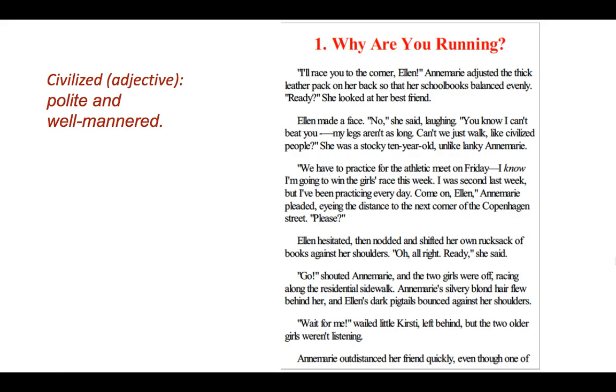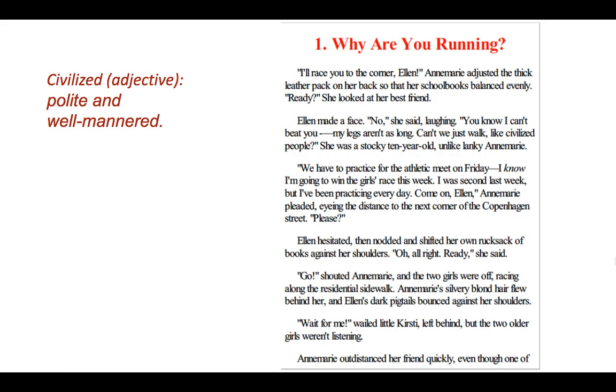"Go!" shouted Anne Marie, and the two girls were off, racing along the residential sidewalk. Anne Marie's silvery blonde hair flew behind her, and Ellen's dark pigtails bounced against her shoulders. "Wait for me," wailed little Kirsty, left behind, but the two older girls weren't listening.